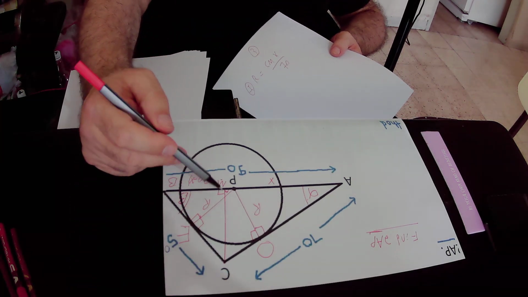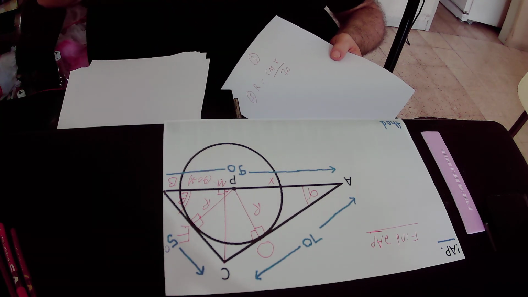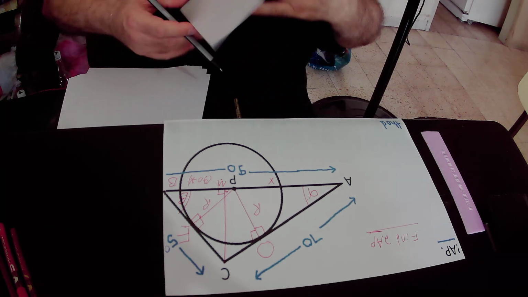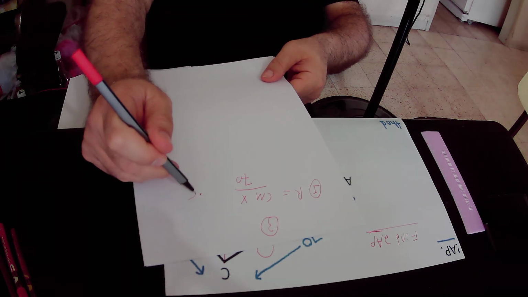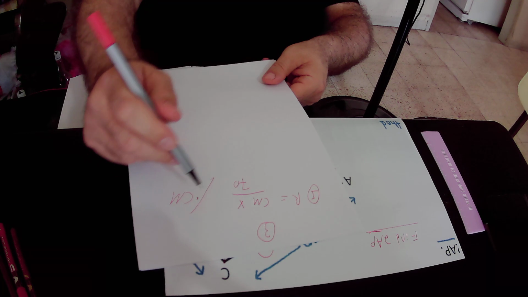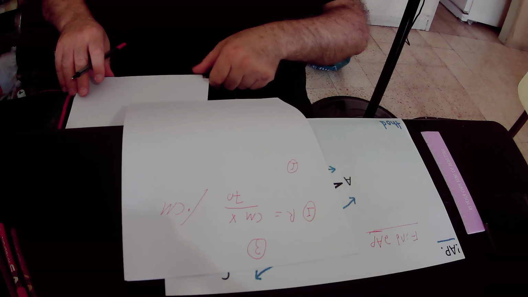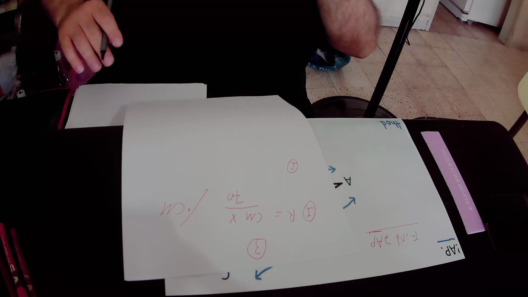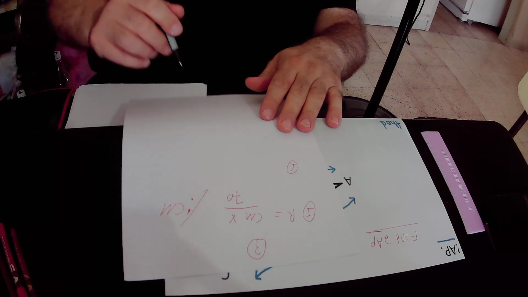CM is perpendicular to side AB of the triangle, so it is a positive number, it can never be zero. I made a mistake. We will divide both sides of the equation by CM.